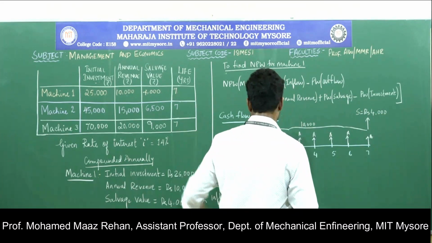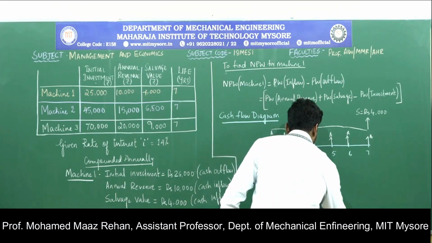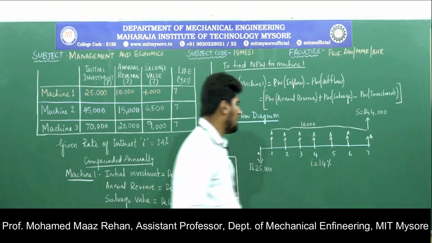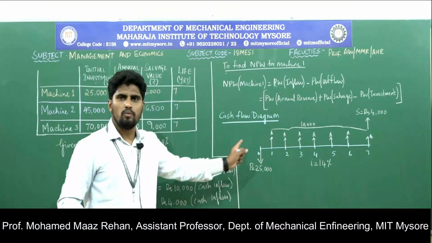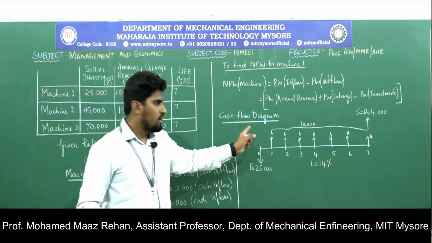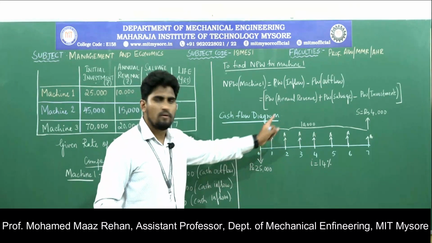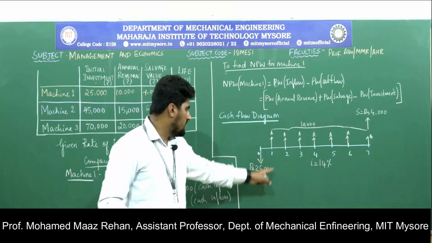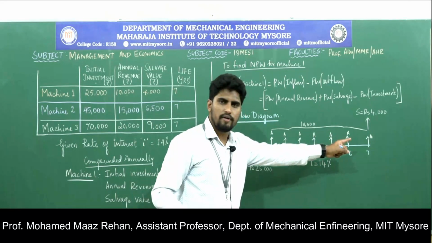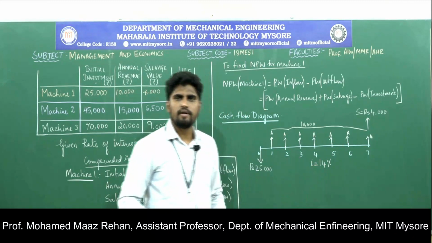And what is the interest rate they have given us? 14% compounded annually. This is how we need to write a cash flow diagram. By seeing this cash flow diagram, we can tell what quantities are present: initial investment, annual revenue, salvage value, number of interest periods and the rate of interest.